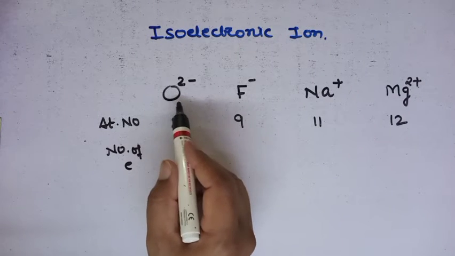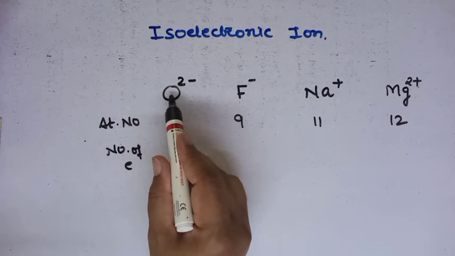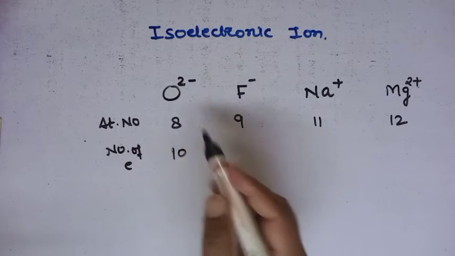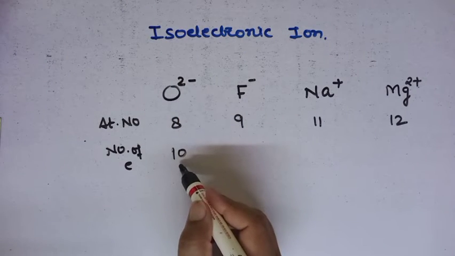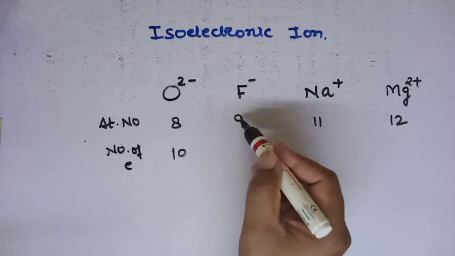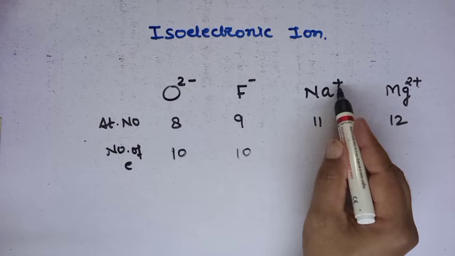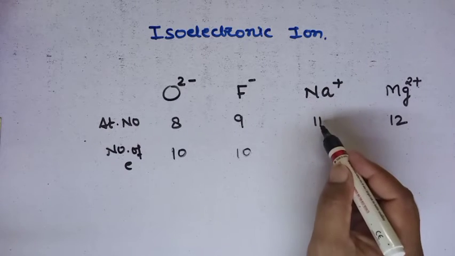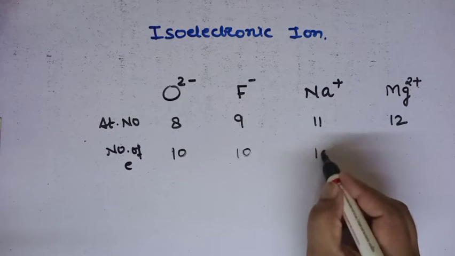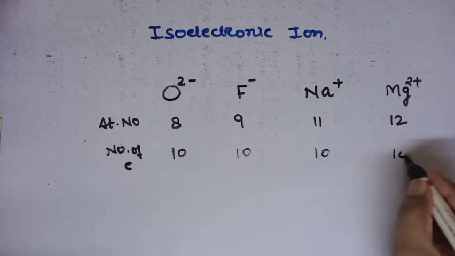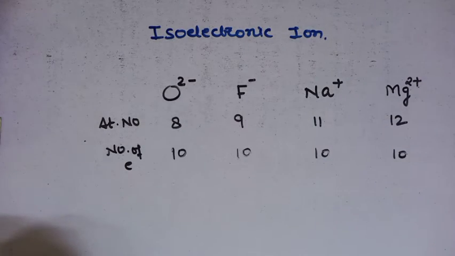Already for the neutral atom, oxygen had 8 electrons. 2 negative means it has captured 2 electrons. So 8 plus 2, 10. And in the same way, 9 plus 1, 10. This plus indicates it has lost 1 electron. So 11 minus 1, again it has the 10 electrons. And 12 minus 2, this also has the 10 electrons.